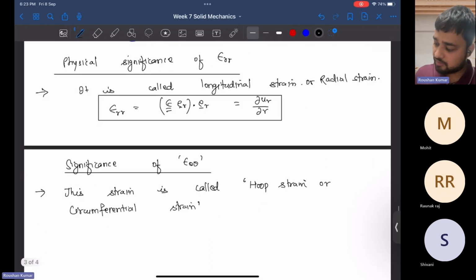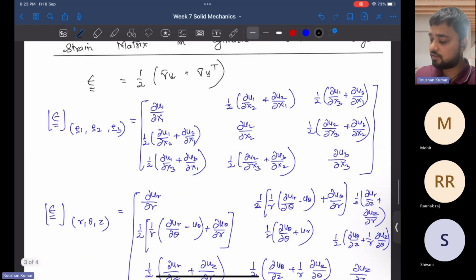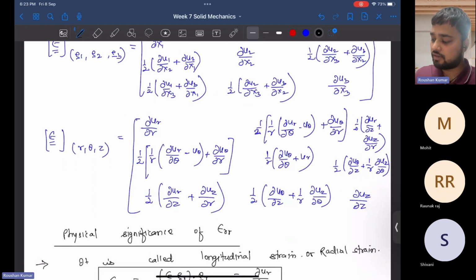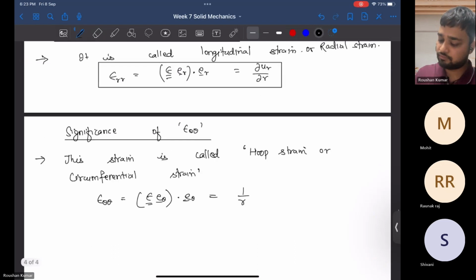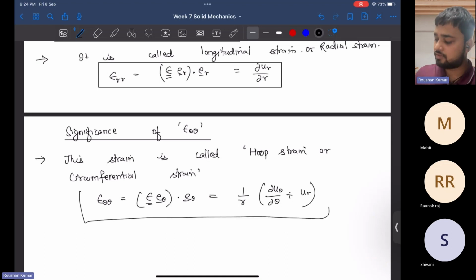It is given by epsilon theta theta, which is equal to epsilon e theta dot e theta, which is also equal to 1 by r del u theta upon del theta plus ur. So this is the expression for circumferential or hoop strain.